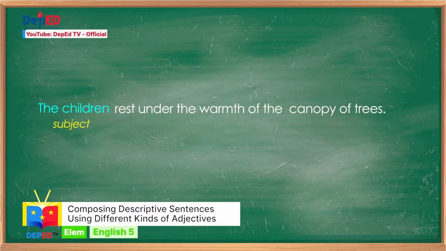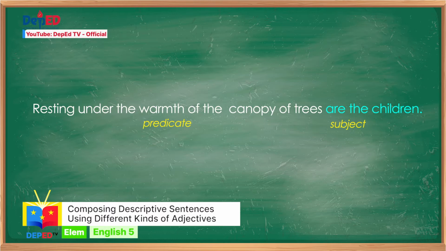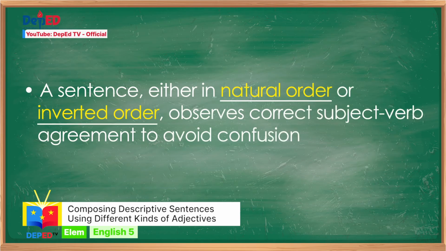A sentence in natural order has the predicate after the subject, but a sentence in inverted order has the predicate before the subject. A sentence, either in natural order or inverted order, observes correct subject-verb agreement to avoid confusion.